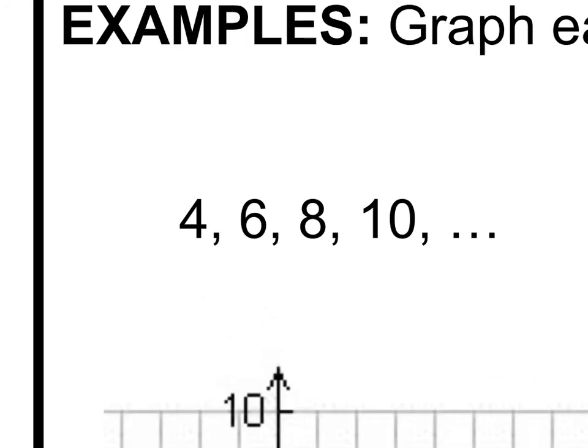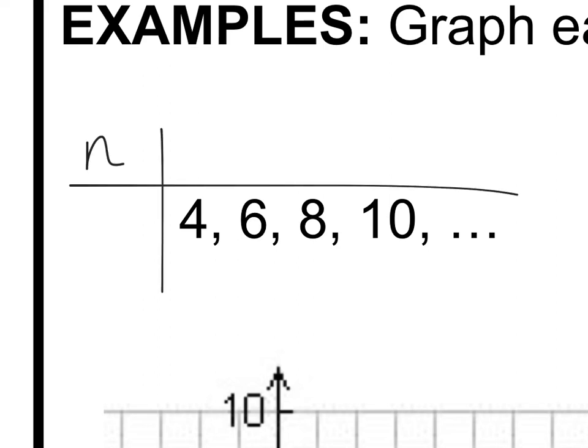So I'm going to make a table of these values. Since it's arithmetic, these are my terms, 4, 6, 8, 10. N stands for the term number. First term, second term, third term, fourth term. You can graph these terms as points.